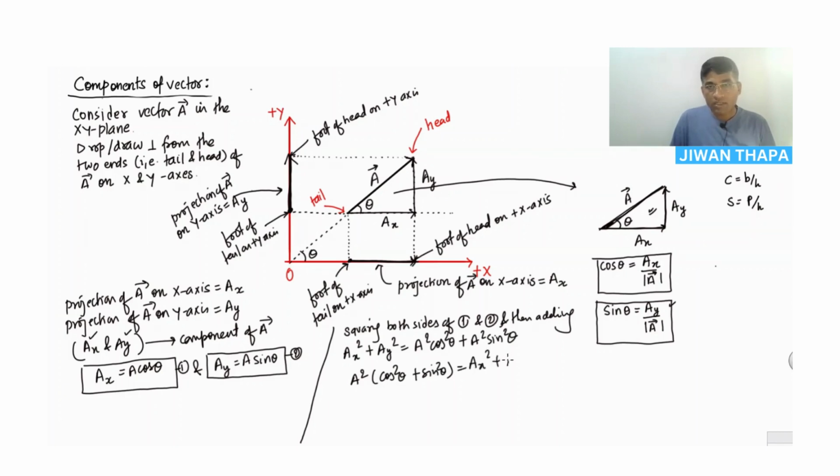We know this is 1. Therefore, A square equals AX square plus AY square, or A equals under root AX square plus AY square.